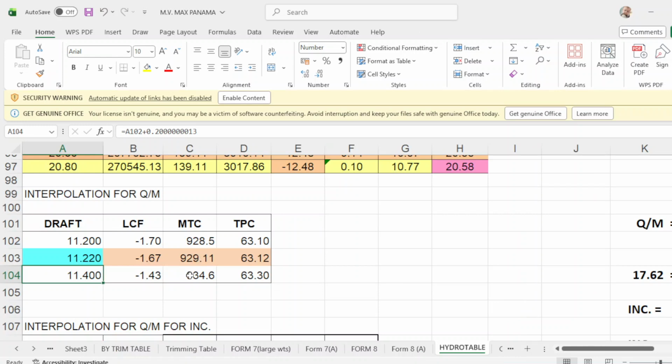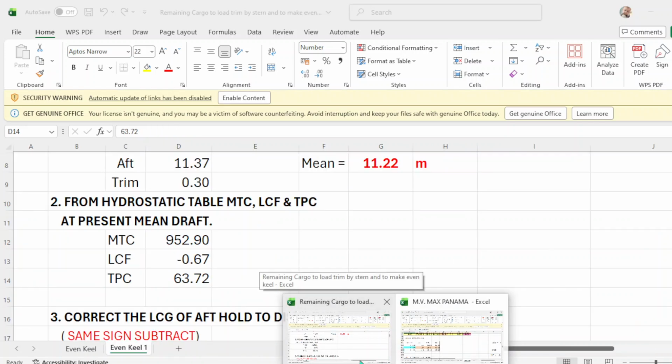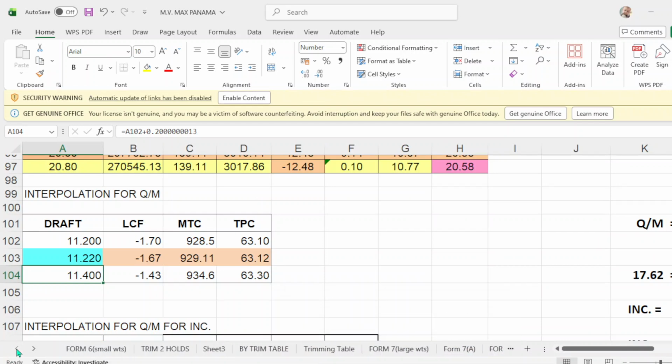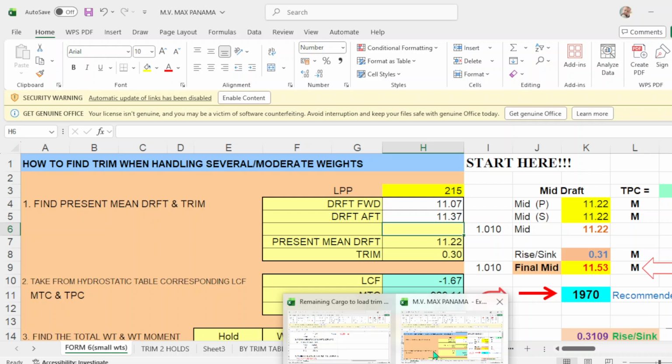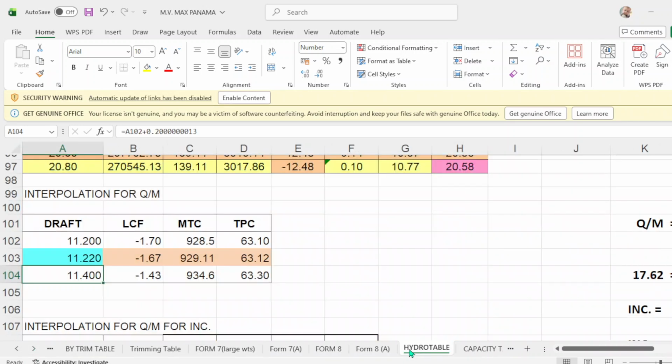And TPC is 63.12. Okay, confirm. So that is correct now.